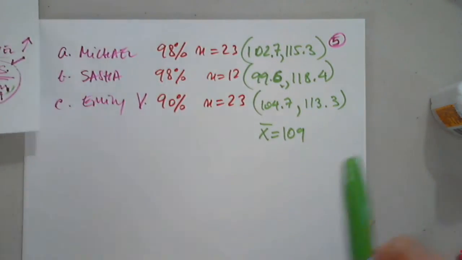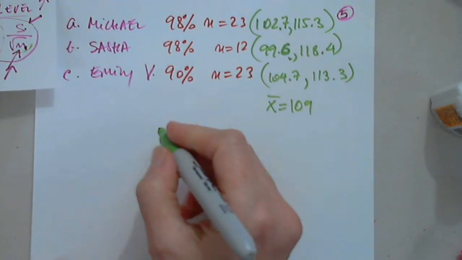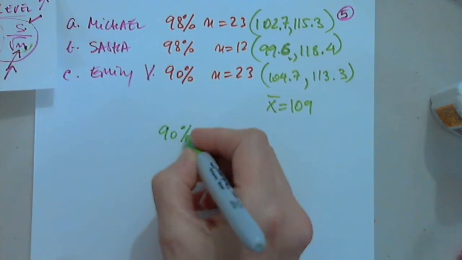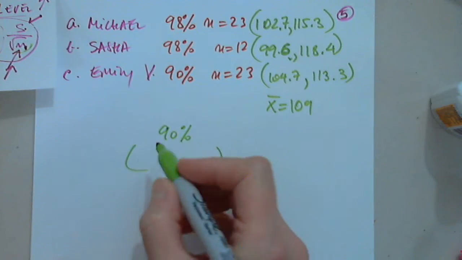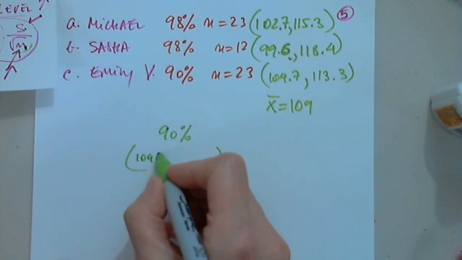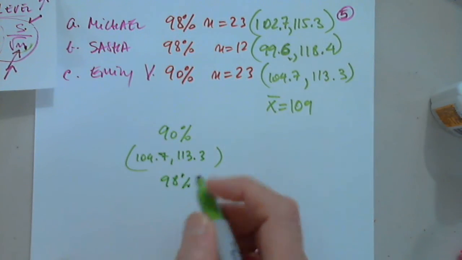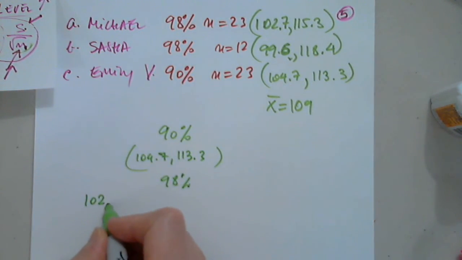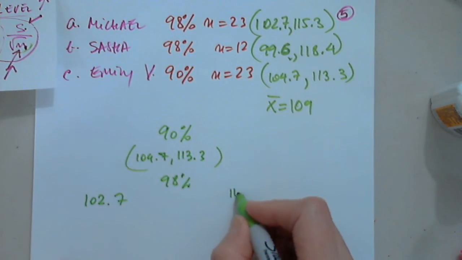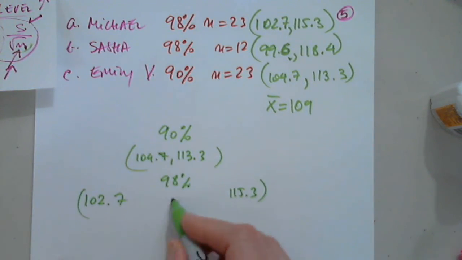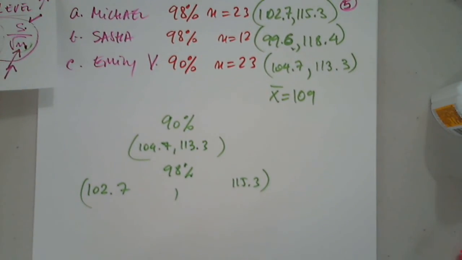So maybe I should show it again here. The 90% is this interval from 104.7 to 113.3, and the 98% starts at 102.7 and goes to 115.3. I know I'm exaggerating, right?